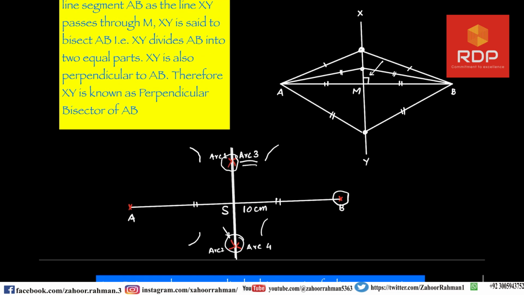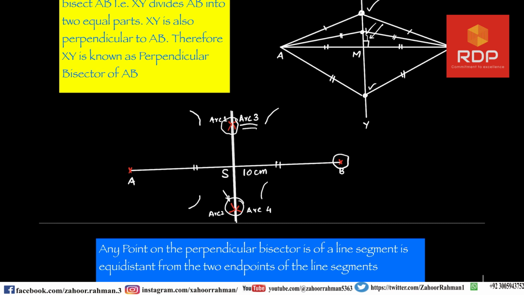I took different points, this one and this one. So they are saying any point on the perpendicular bisector of a line segment is equidistant from the two endpoints of the line segment. So these two are the endpoints. A and B are the endpoints of this line AB.